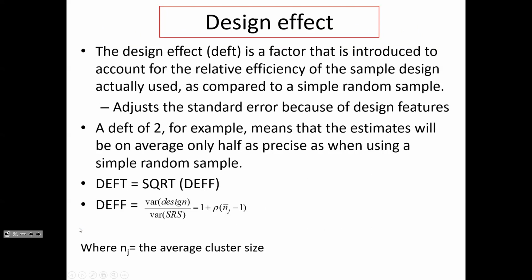Remember how we talked about the design effect telling us about the relative efficiency of the sample design, and by how much we should be adjusting the standard error because of design features. The formula is 1 plus the intra-class correlation coefficient times the average number of people per cluster minus 1, the average cluster size.